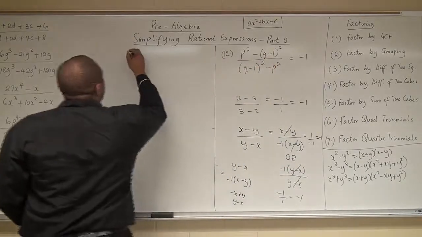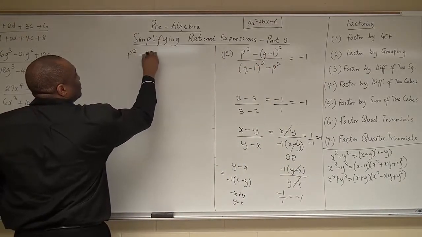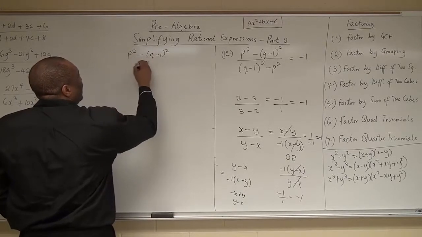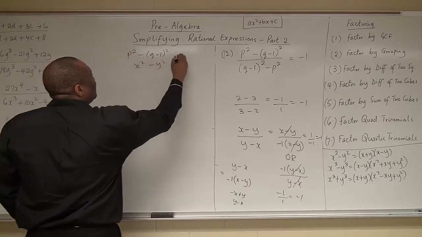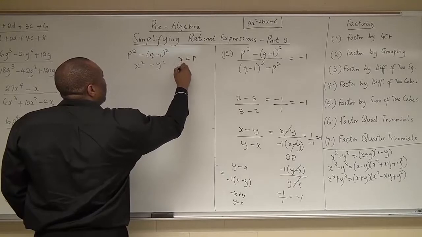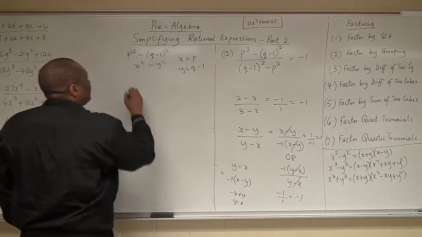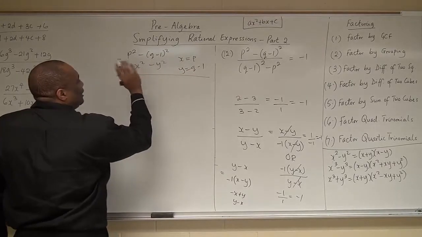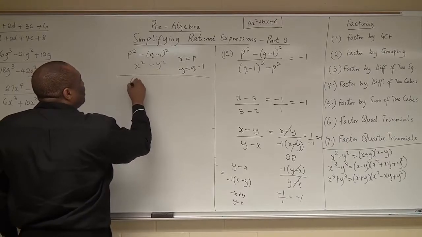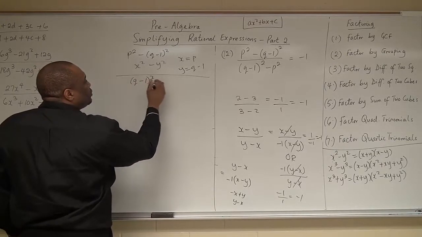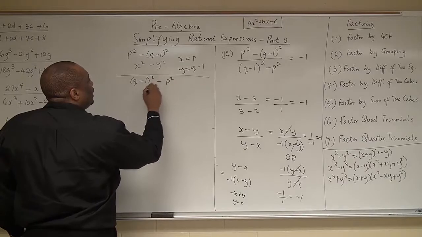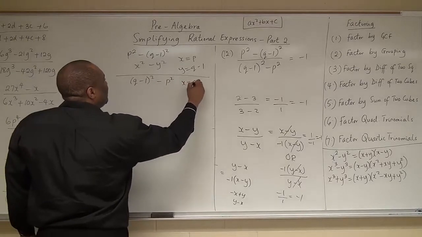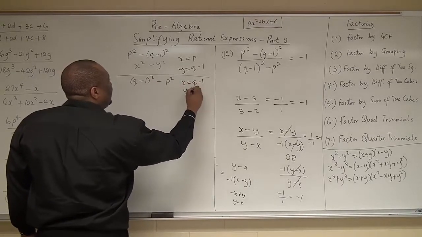If you look at p squared minus q minus 1 all squared, x squared minus y squared, this means that our x is p, and our y is q minus 1. First case, that's the numerator. Then the denominator, if you have q minus 1 all squared minus p squared, this means that our x is q minus 1 and our y is p.